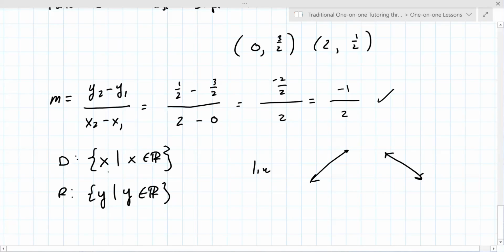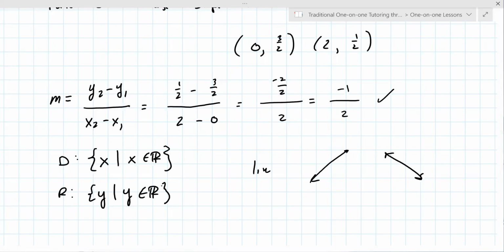There are no exceptions to it. It's always a line, but there are exceptions, so as long as you have a line that goes up and to the right or down and to the right, this is what you're looking for.